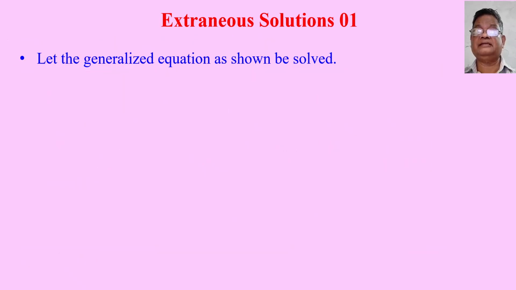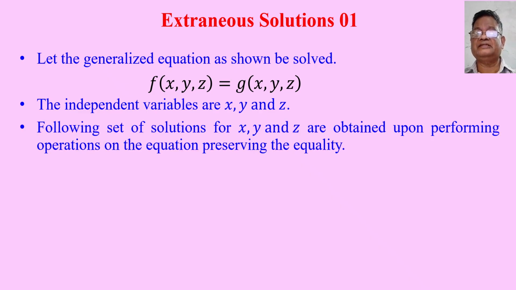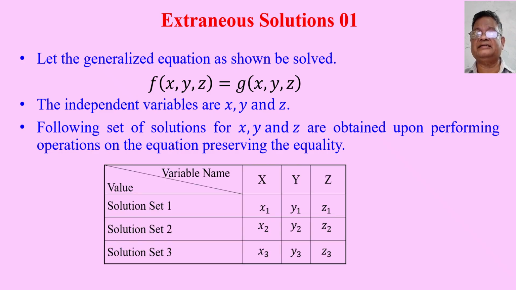Let the generalized equation as shown be solved. That is, f of x, y and z is equal to g of x, y and z. The independent variables are x, y and z. The following set of solutions for x, y and z are obtained upon performing operations on the equation preserving the equality.